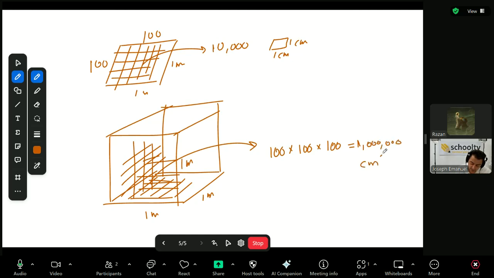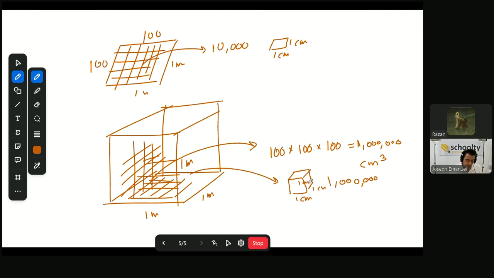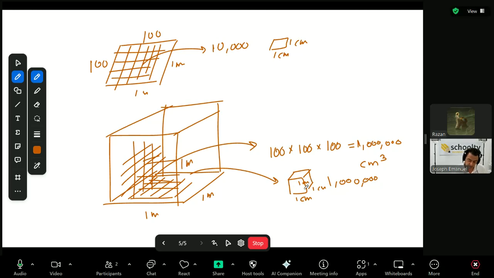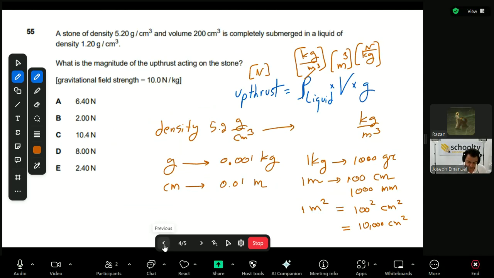So it's going to be 1 million centimeter cube. Why? Because inside you have a million small cubes, each 1 centimeter by 1 centimeter by 1 centimeter, since you have 100 by 100 by 100. So it means that 1 meter cube is 1 million centimeter cube.